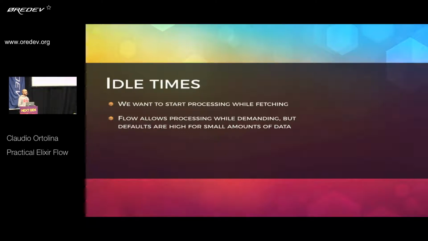By default, the default values used to control these properties work with collections of hundreds of items. When you start working with this, maybe you think, I'm just going to try it out with a small amount of data, then it's going to be awkward because you don't see the effects you expect. That is purely because the defaults of the library work with a slightly different order of magnitude than, for example, your test case.